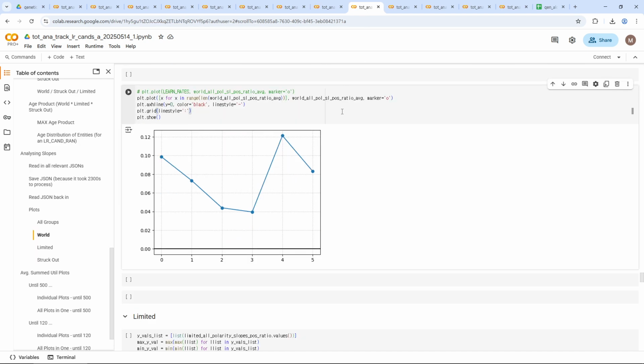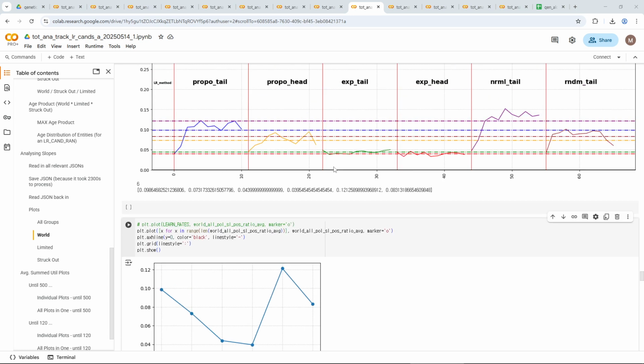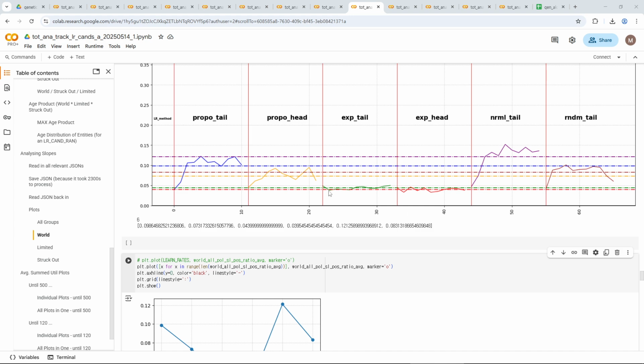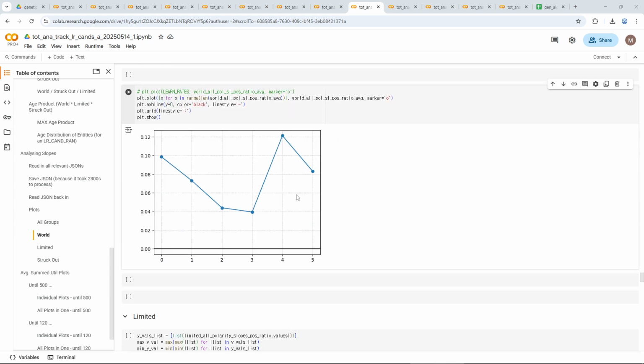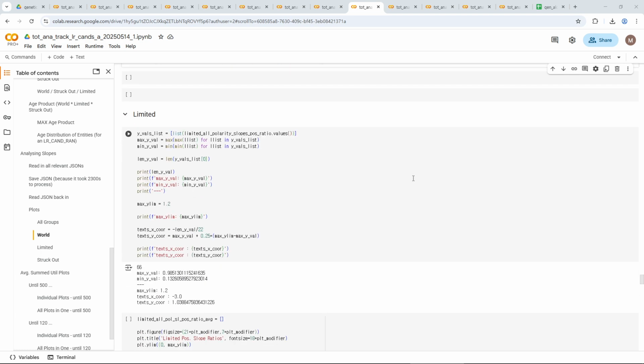Next up is the same, but the candidate method being used is the proportionate head, and this is what it looks like. This is what it looks like per color, average per color.